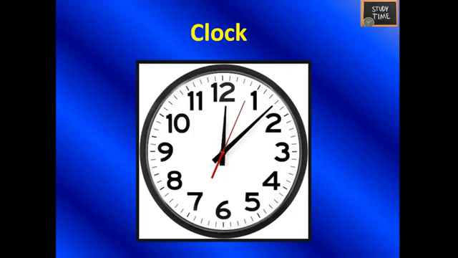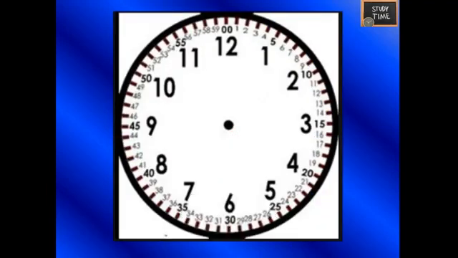The short hand corresponds to the direct number which it points to. Here it is 12. So the time is 12. But you have to say it with the minutes. But the minute hand points in between 1 and 2. See here in the next slide, it is very clear.